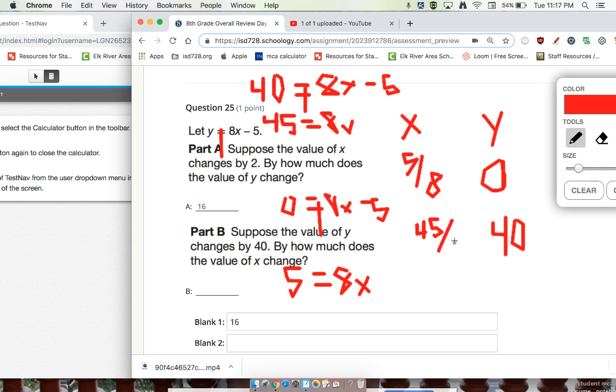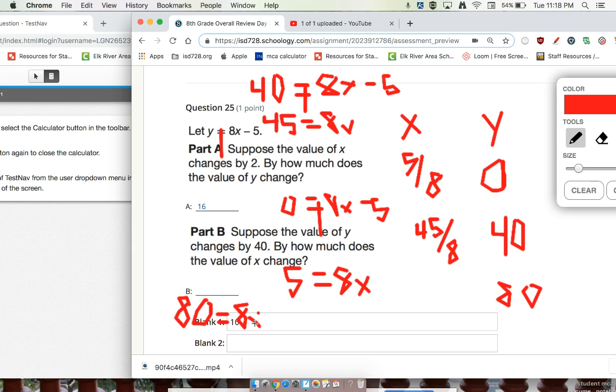I'm going to go one more just to make sure I didn't make a mistake like I did last time. Go up to 80. I really don't have much room to do this. I'm going to do it right here. So 80 is equal, I'm trying so hard to write nice, is equal to 8x minus 5.